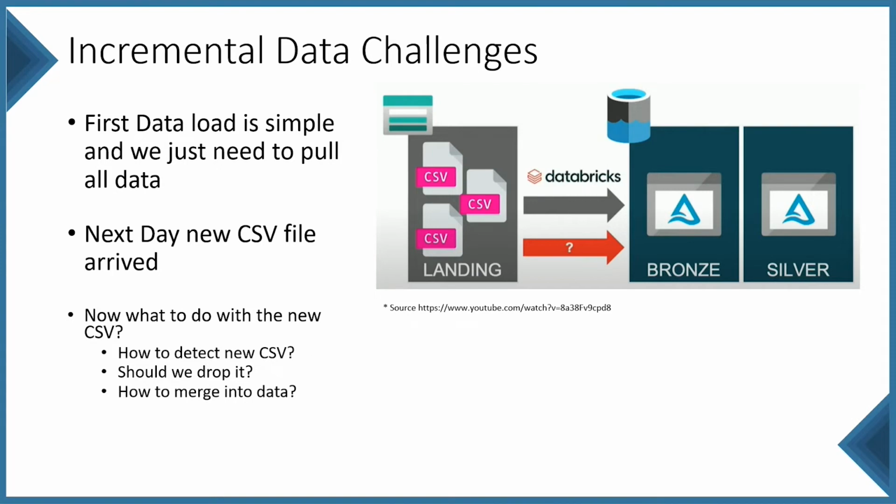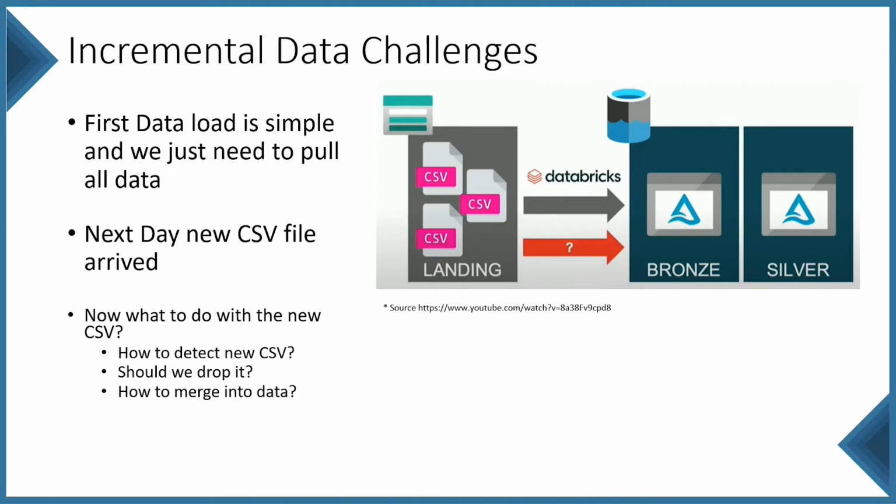First, how are you going to detect new data? In this case, it is a CSV. So how are you going to detect a new CSV if you are using the data lake as the first step from where Databricks is going to read? How will you make sure you detect new files? And if you write your own code and are able to detect the new file, then what are you going to do with it?